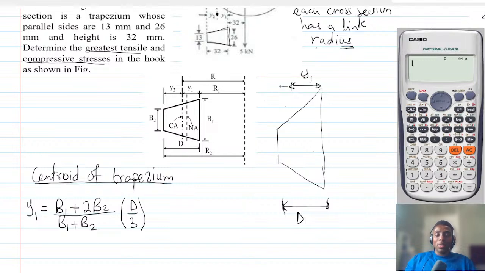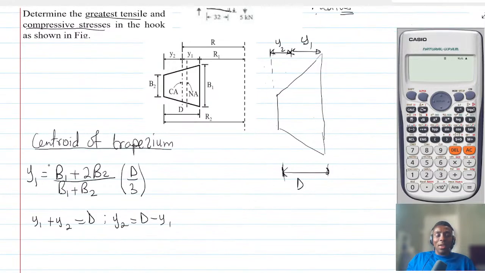But we want to calculate the y2, because we can clearly see that if we add y1 plus y2, we will get d. But the y1 is the centroid, so that y2 will be what? D minus y1.